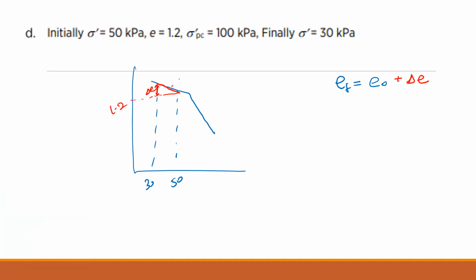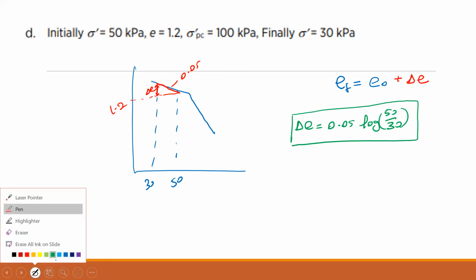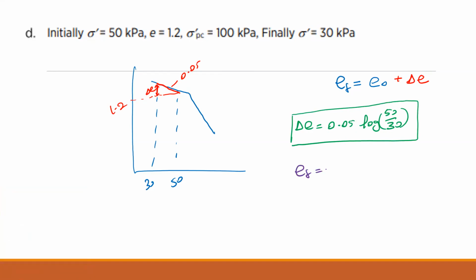Finding the delta e is done in the same way. There is no difference there. So delta e is equal to 0.05 log 50 over 30. So you find this and you add that to the initial value to find the final value. So ef, what do we get?